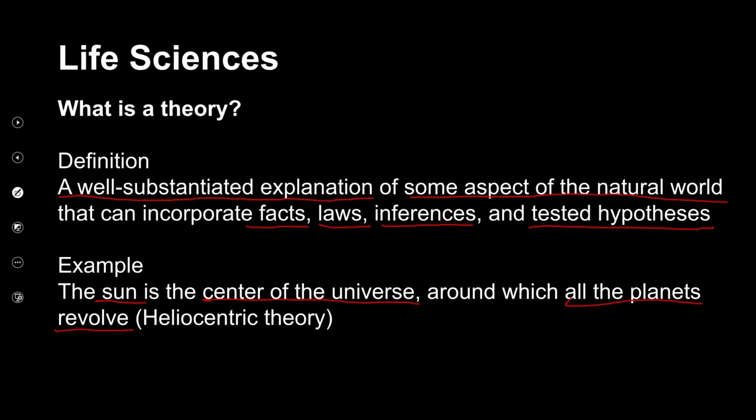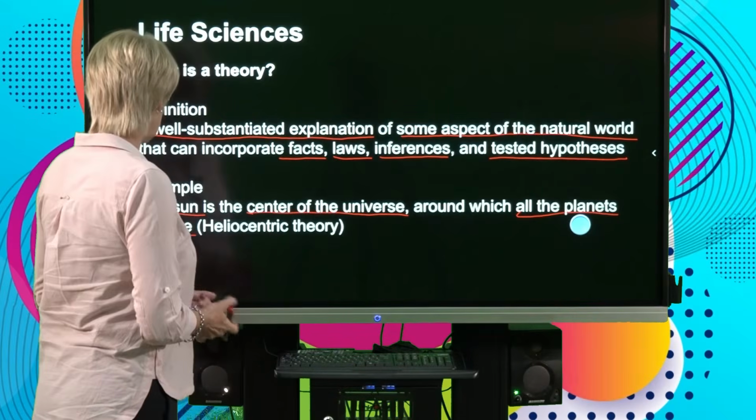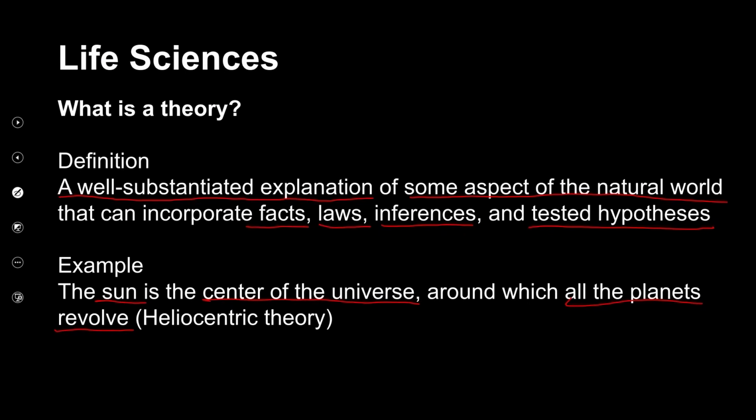We don't question it, we accept it as a theory. It's known as the heliocentric theory. Helio means sun, and centric obviously means the middle. It is an accepted explanation because it has facts, laws, inferences, and tested hypotheses that back it up.